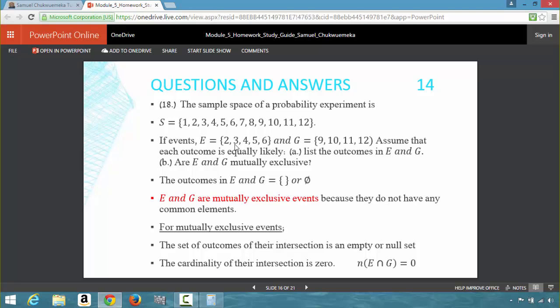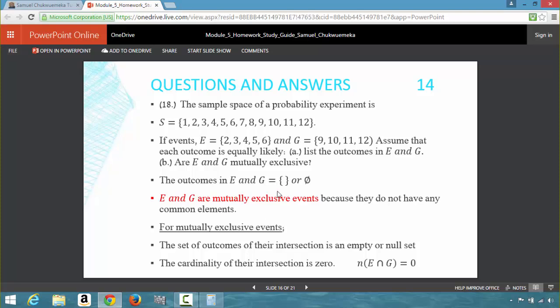They don't have any common elements. Okay, they cannot occur at the same time. So if you look at their sets, they are mutually exclusive events. They are disjoint events. They cannot occur at the same time.